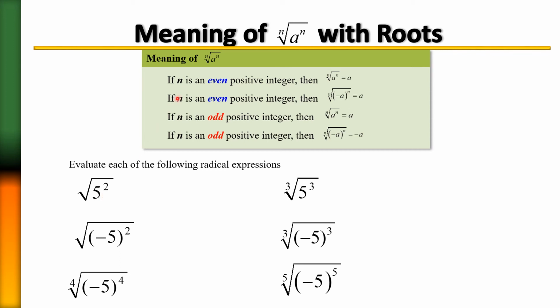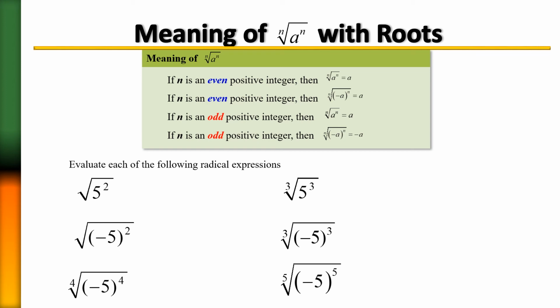So if the number, in this case 2, is an even positive integer, yes it is, then it's going to equal whatever the radicand is. So in this first example, that is going to equal 5.